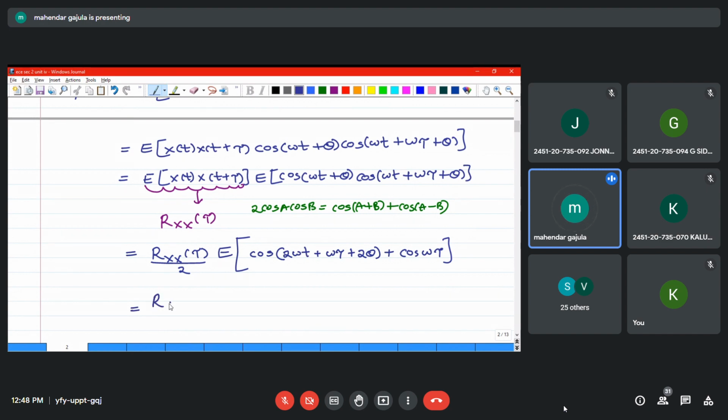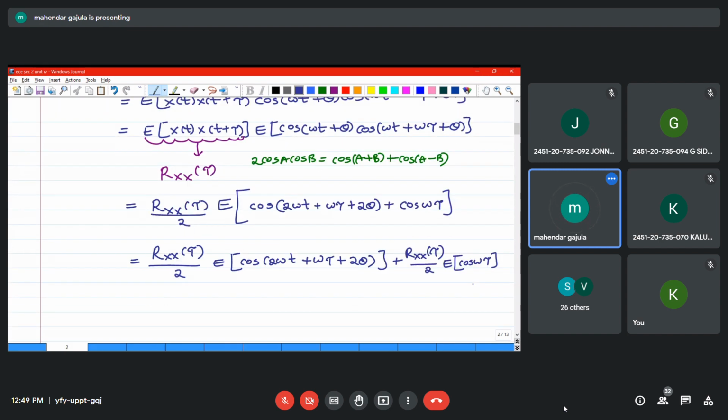So R_xx(tau) by 2 expectation of cos(2 omega t plus omega tau plus 2 theta), and R_xx(tau) by 2 expectation of cos(omega tau).